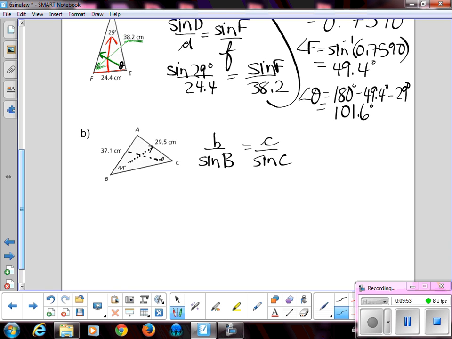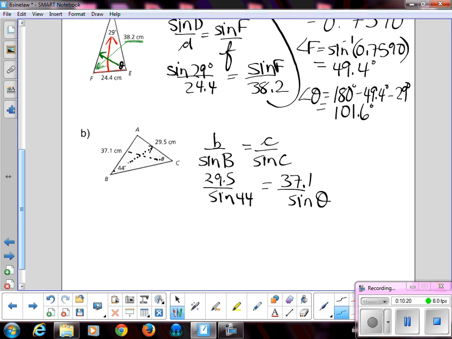It's totally up to you which one you want to use, whether it's this version of it or with the sines on the top. So this time if I look at B, directly across from B is 29.5 over the sine of 44. And we have 37.1 over the sine of C, or theta, depending on what you want to do. I think I'll put theta since they have theta in the diagram.